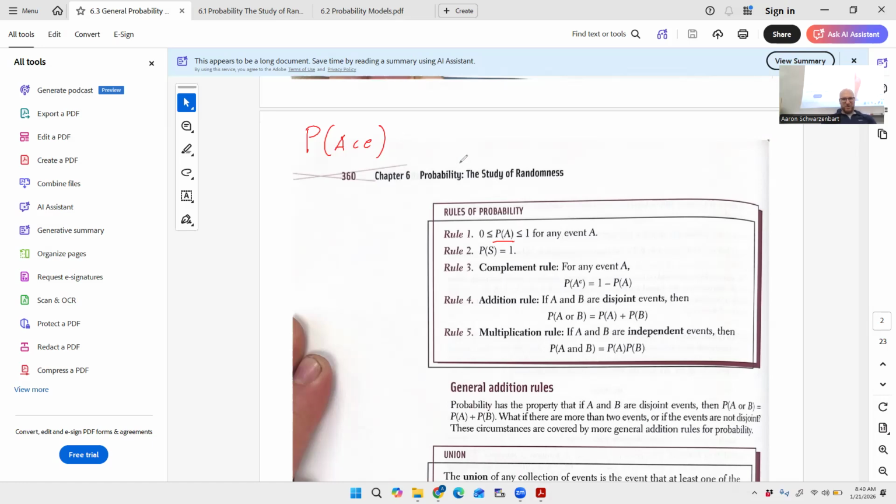I can write it out in words, or I can just say event A, and I must specify what A means. It's always a number between, and inclusive of, 0 and 1. That's between 0% and 100%.